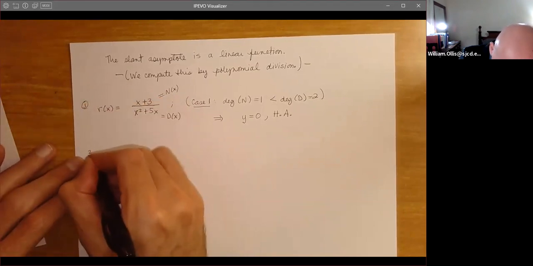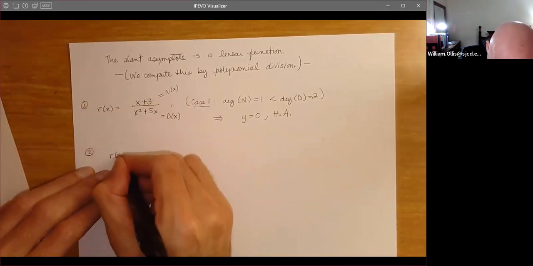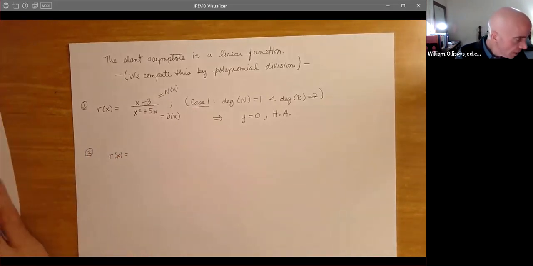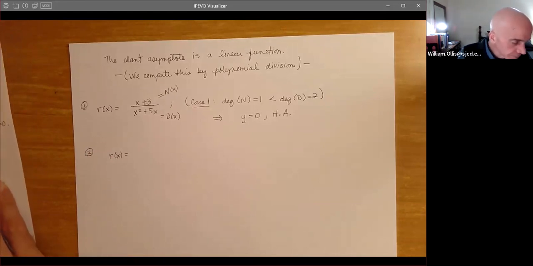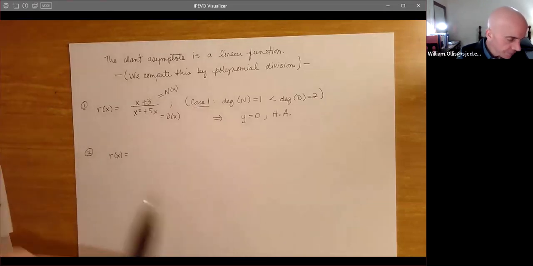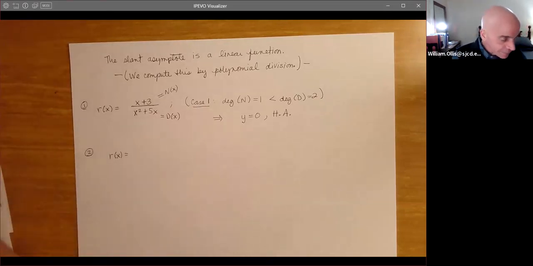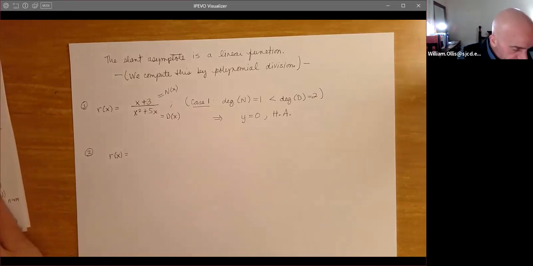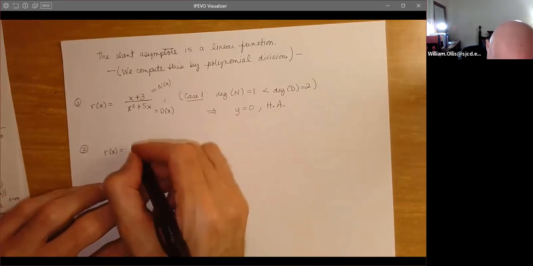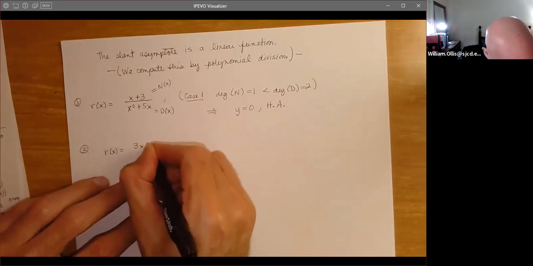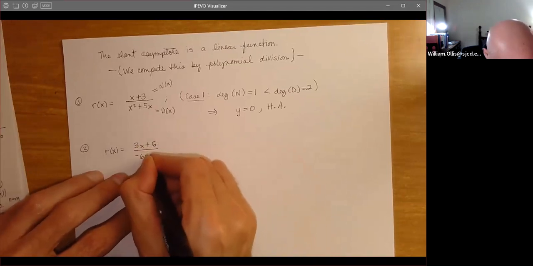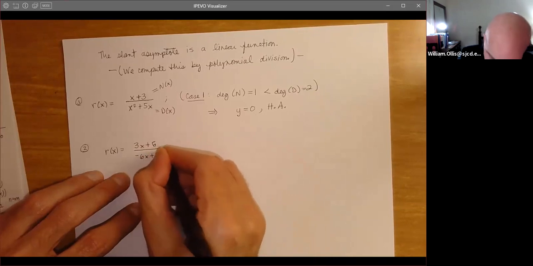Now say we have r of x equals, here's an example from your WebAssign, something like 3x plus 6 divided by negative 6x plus 2.